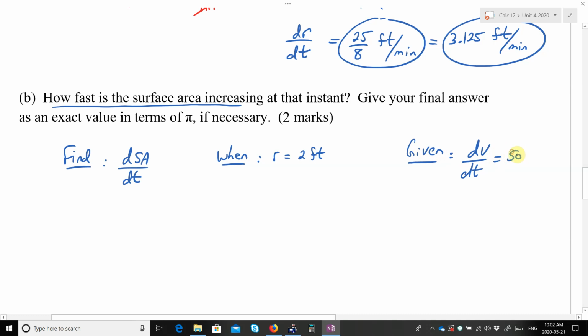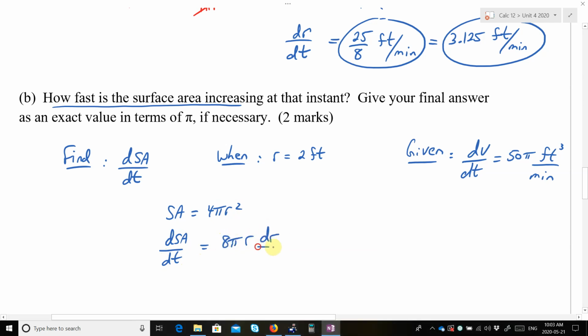Change in volume with respect to time is 50 pi cubic feet per minute. Okay, so the surface area of a sphere is 4 pi r squared. Change in surface area with respect to time is 2 times 4 pi is 8 pi, and then it would be r to the 1 times dr/dt.